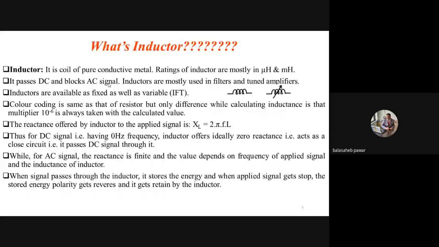If I increase the frequency of the applied input signal, then what will happen? As the inductor is in series, its reactance will go on increasing because XL is directly proportional to F. L, the inductance of that inductor, will remain constant. It will not change. Only the reactance offered by that inductor will change according to the change in input signal frequency.